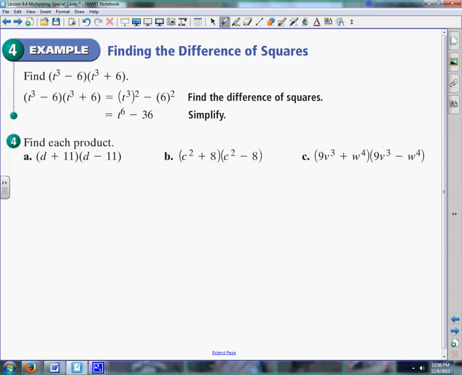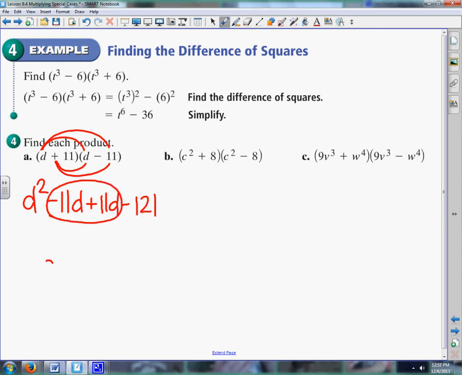So I'll show you in this problem right here. So look at A. If I were to do FOIL, I would have d squared minus 11d plus 11d minus 121. So then these end up canceling each other off. So then you're left with d squared minus 121.